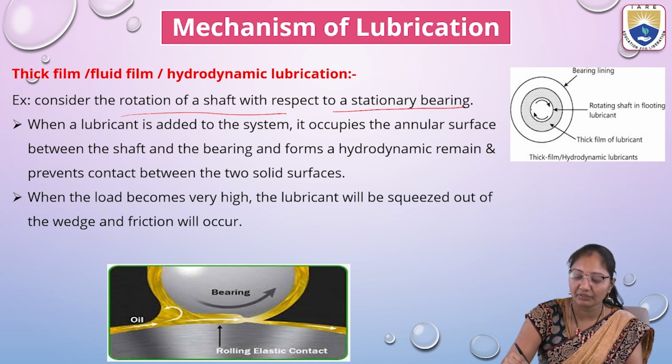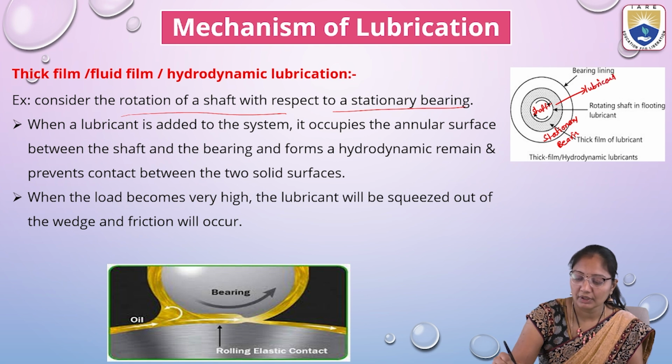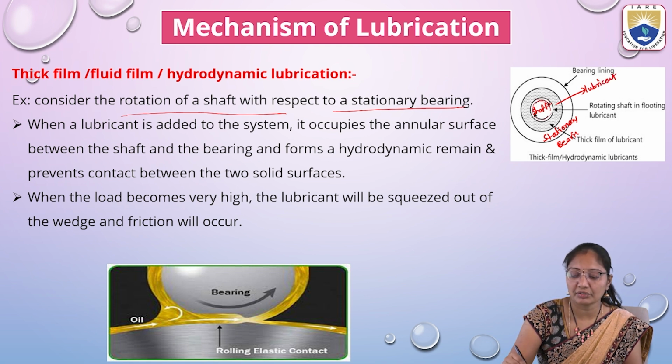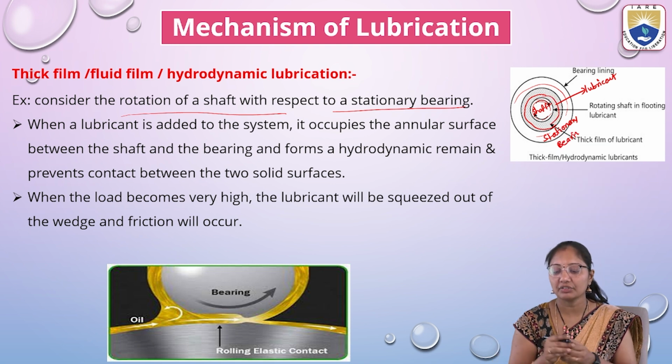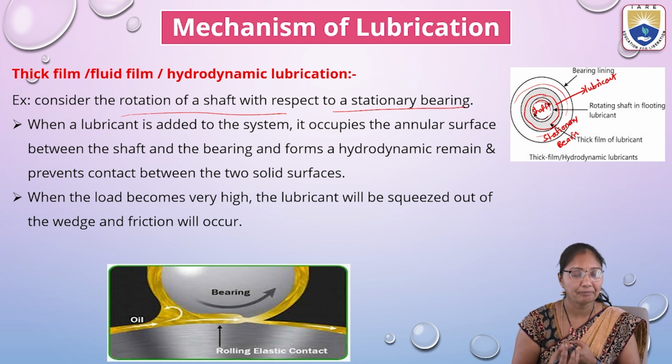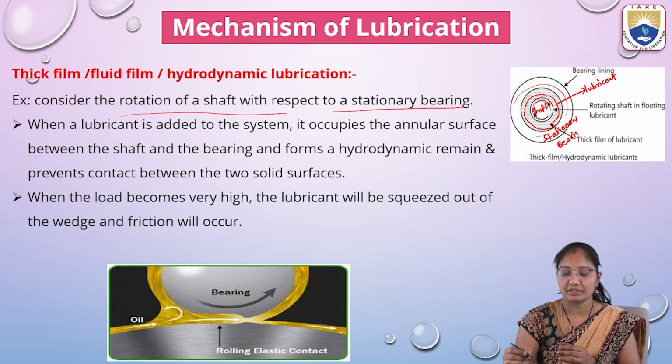Here we can see the shaft, the stationary bearing, and the dotted line is the thick film lubricant. When the shaft rotates, the dotted line acts as a lubricant. The thick film of lubricant decreases the friction between the two surfaces, surface 1 and surface 2, because they are separated by a thick film of lubricant.